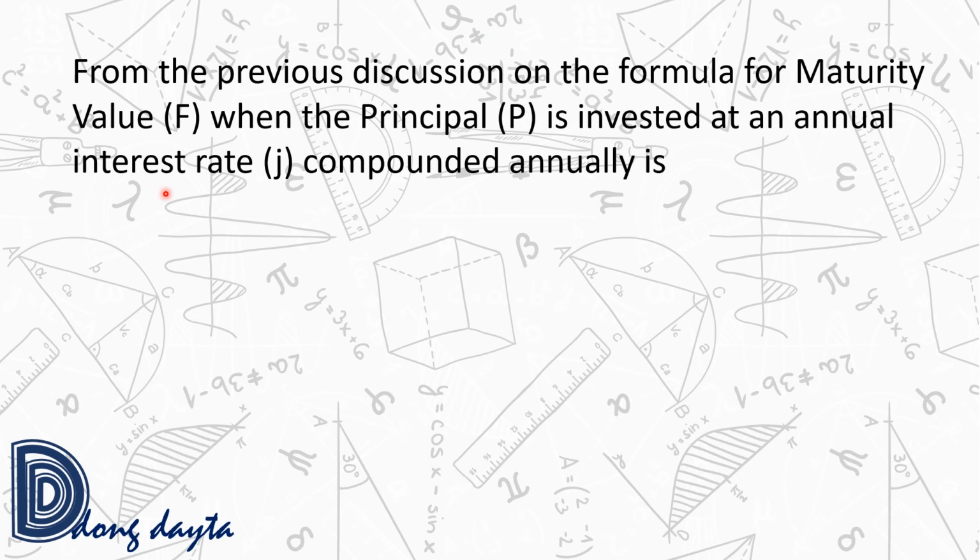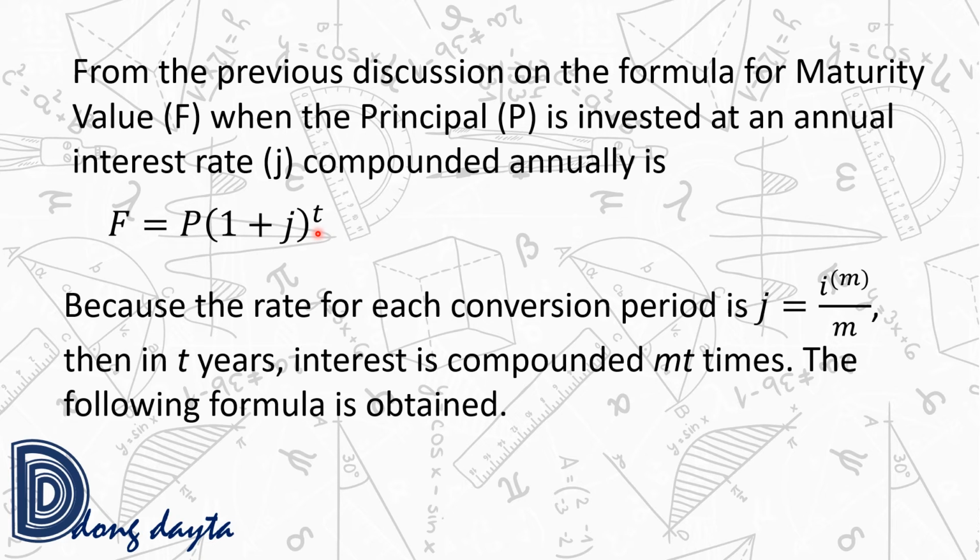From the previous discussion on the formula for maturity value F, when the principal P is invested at an annual interest rate j compounded annually, F equals P times the quantity 1 plus j raised to t. Because the rate for each conversion period is j equal to i superscript m over m, then in t years, interest is compounded m times t number of times.